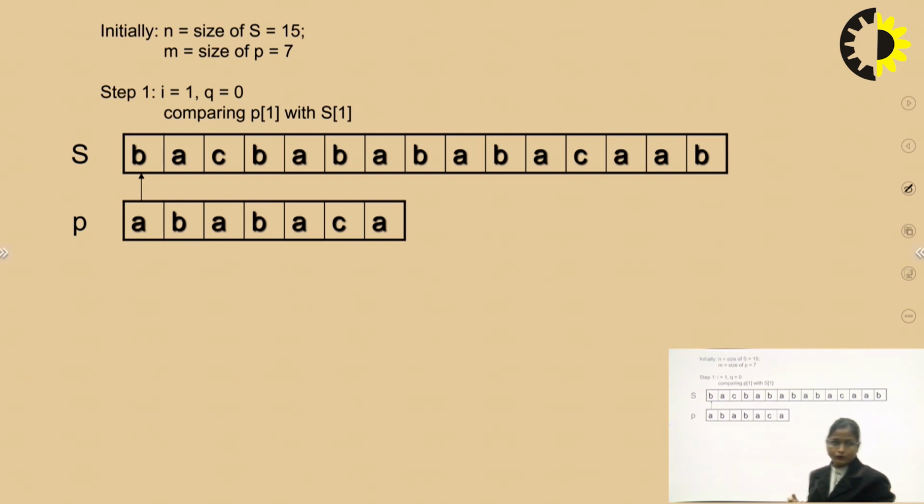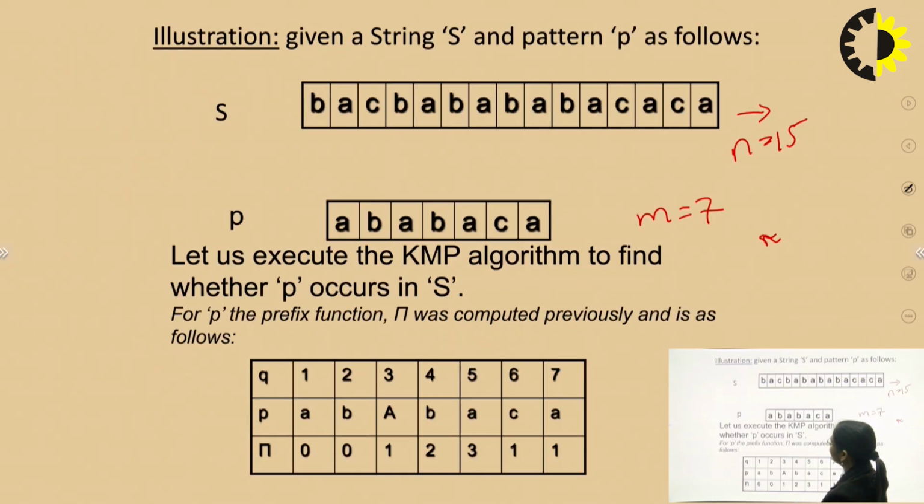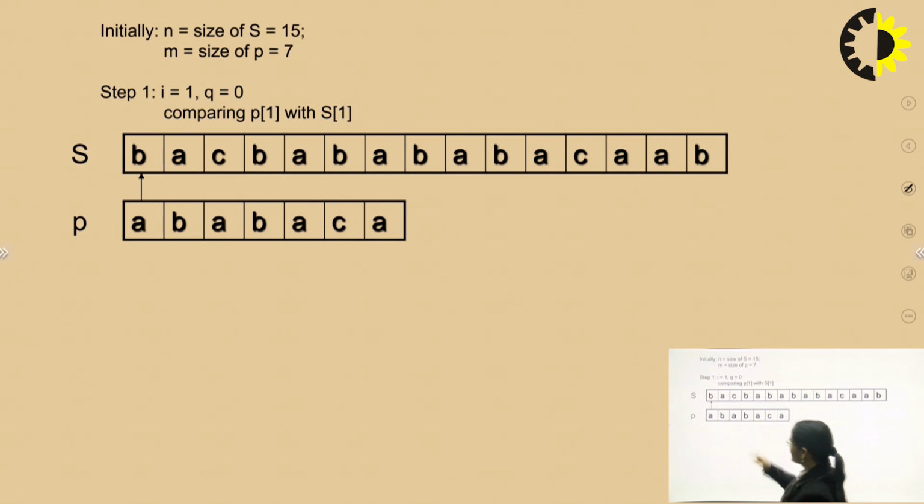So we have step 1, I equal to 1. Here we have to set Q equal to 0, and the loop we have to follow is for I equal to 1 to n. So first we set the value of I as 1. In this case I equal to 1 and Q equal to 0. This is the initial value, and we have to compare.